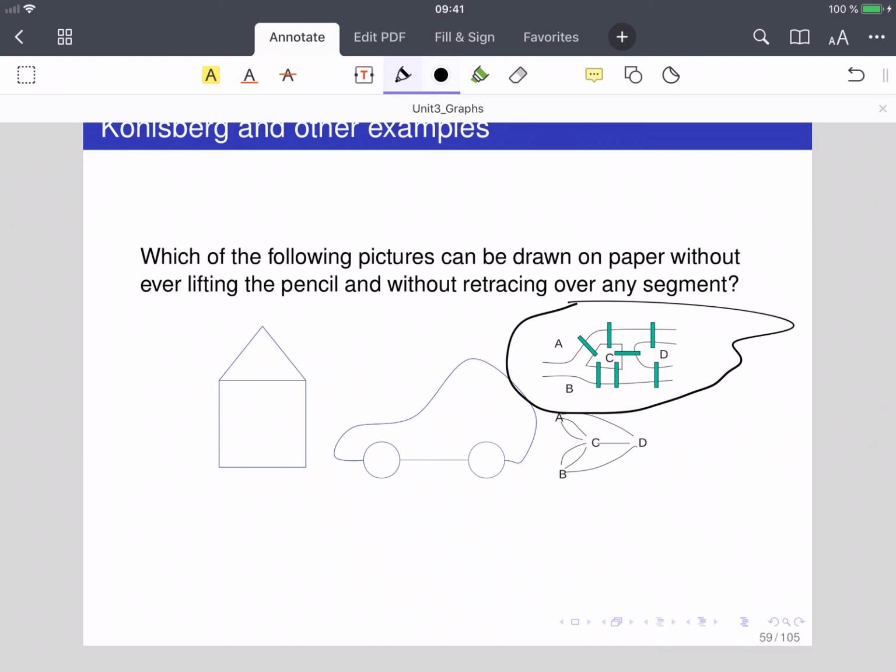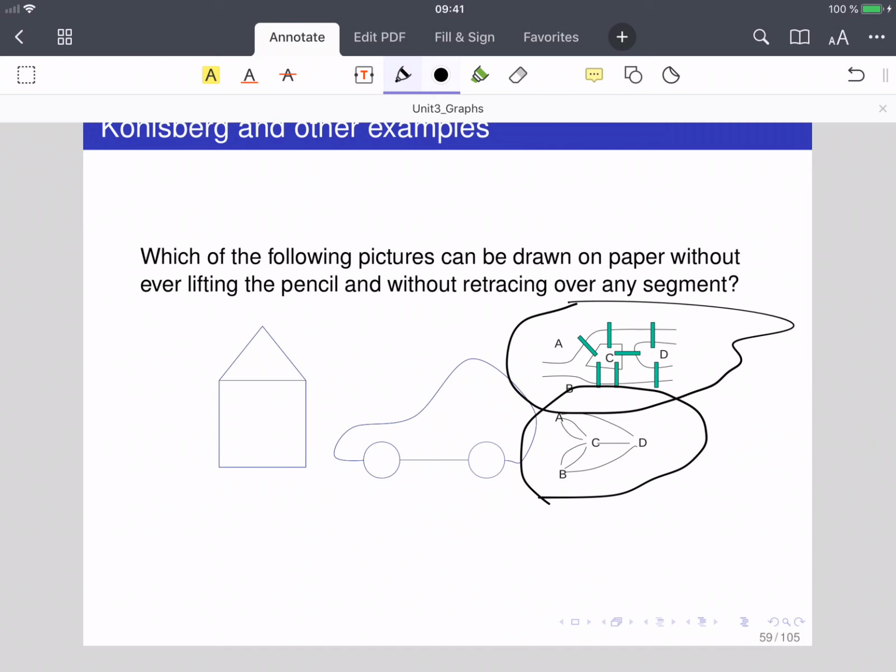Okay, and you remember that we said that we can state this problem as a problem in a graph. Okay, so here we have a graph in which we have all the elements that we need to consider in order to solve the problem. We have the four different regions, the two banks of the river, the two islands, and the connections among them.